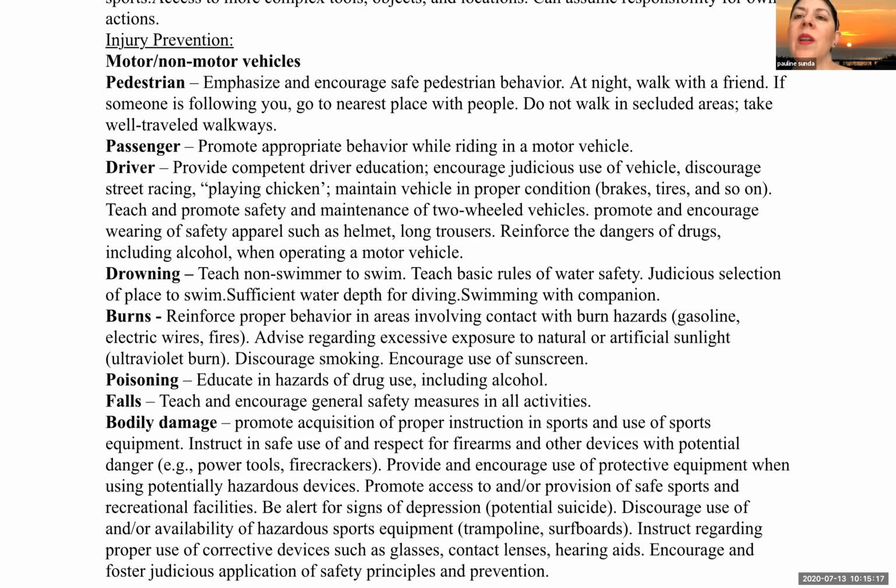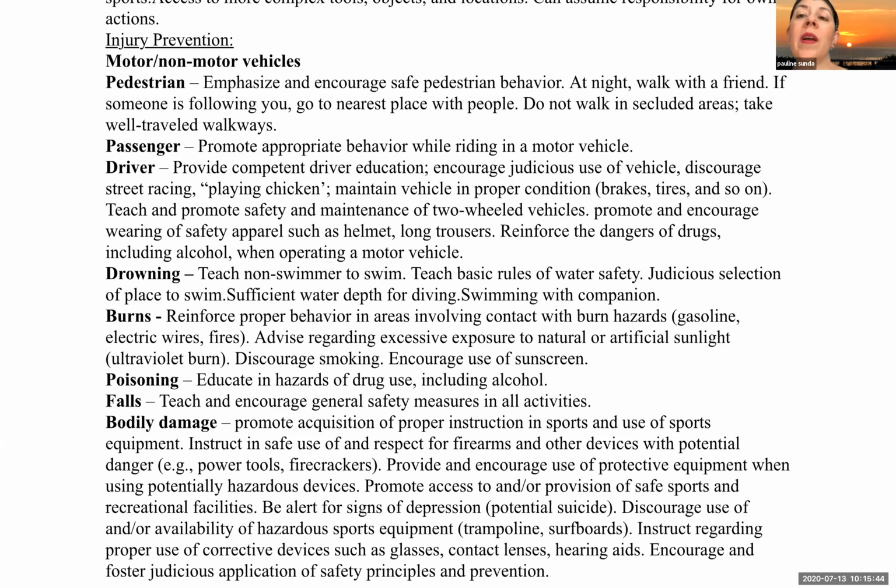For the driver, you want to provide competent driver's education. Make sure that they are not street racing or playing chicken or doing any other kind of dangerous activities in the car. You want to maintain the vehicle in proper condition, meaning that the brakes work, the tires have tread on them, and so on. You want to teach and promote safety and maintenance of two-wheeled vehicles.